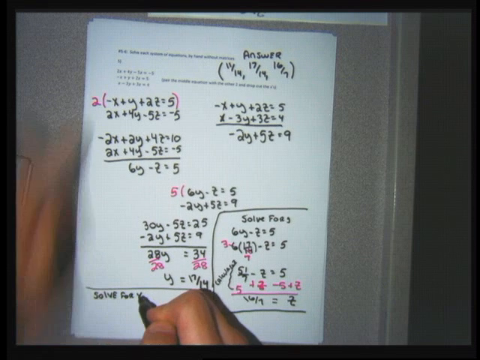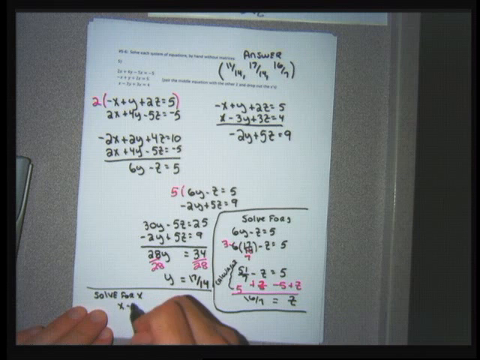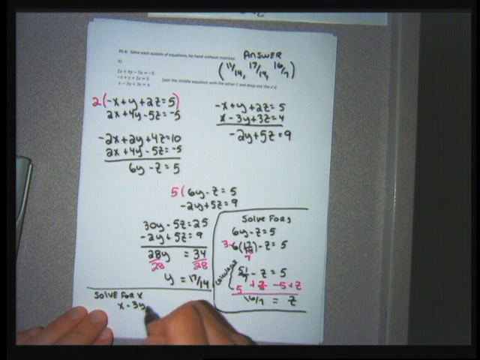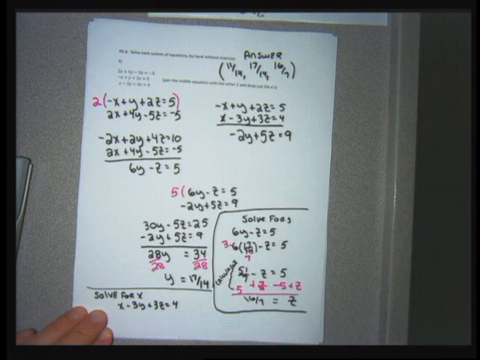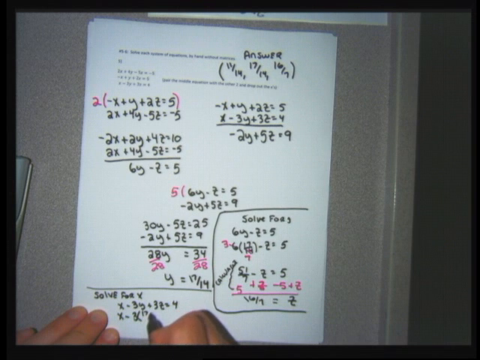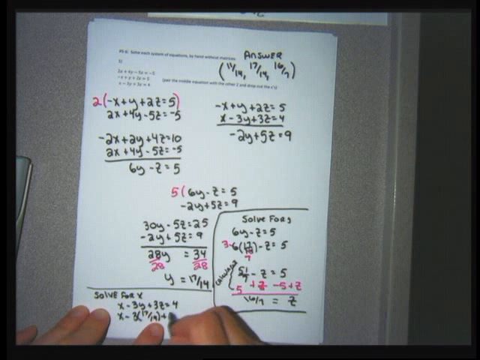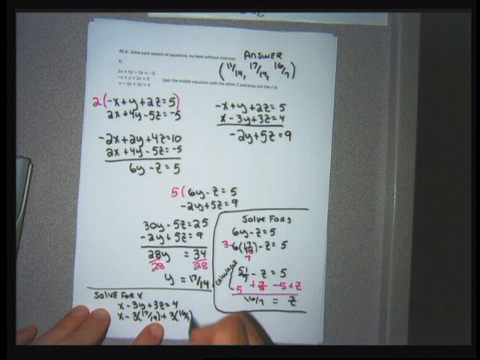I'm going to use the bottom equation, x minus 3y plus 3z equals 4. I'm going to go x minus 3 times 17 over 14 for the y plus 3 times 16 over 7 for the z equals 4.